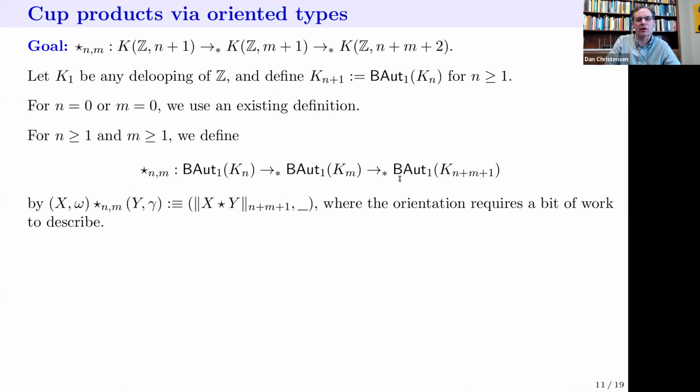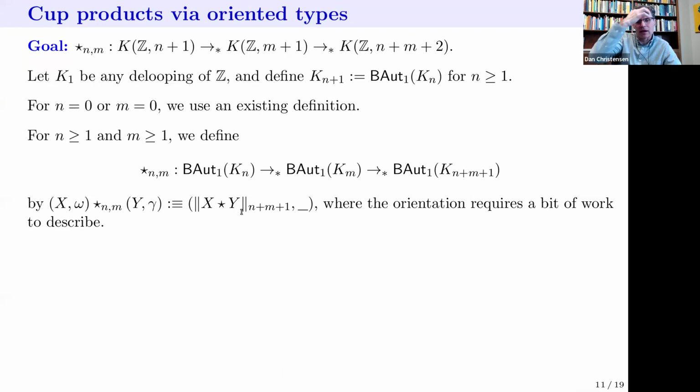So I'm supposed to define an operation of this type. I take a Kn-oriented type and a Km-oriented type, and I form their join. The join is the type you get by taking the disjoint union of x and y. And then for each pair, where I take a point in x and a point in y, I put a path between those points.